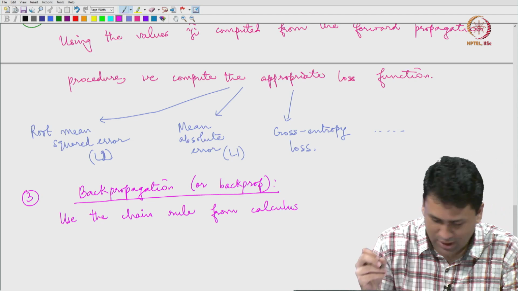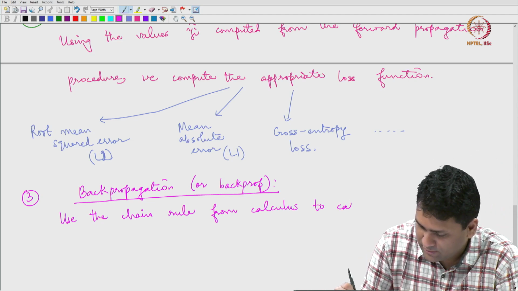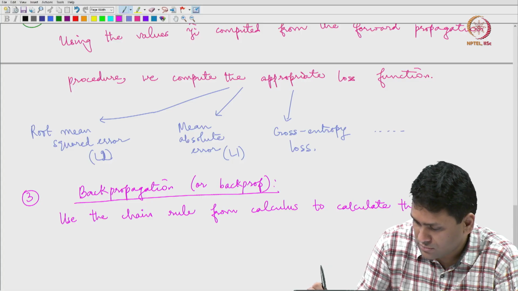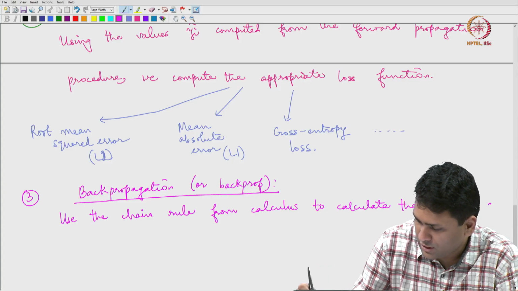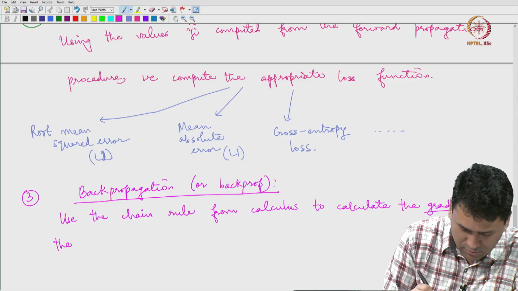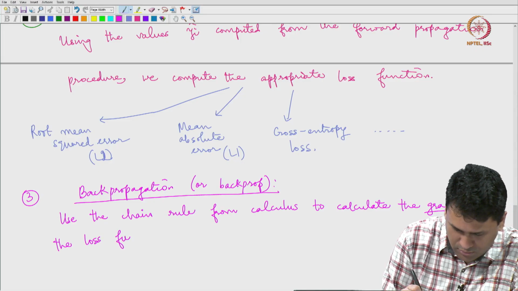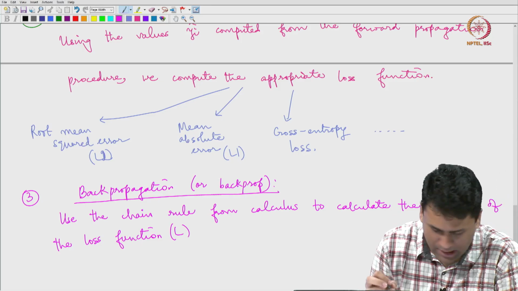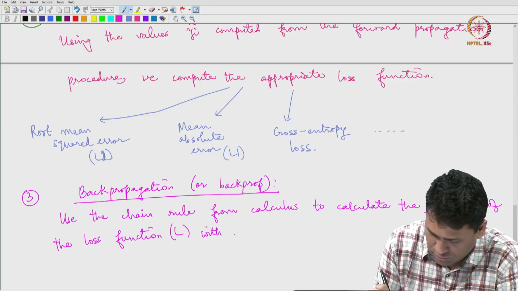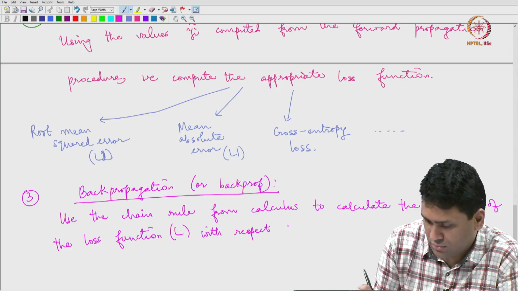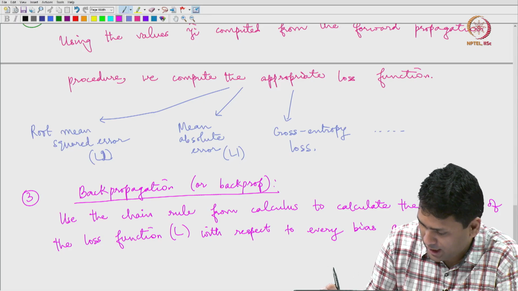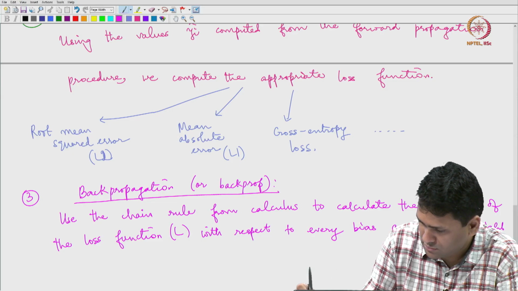We will use the chain rule in calculus to calculate the gradient of the loss function, denoted by L, with respect to every bias and every weight in the ANN.